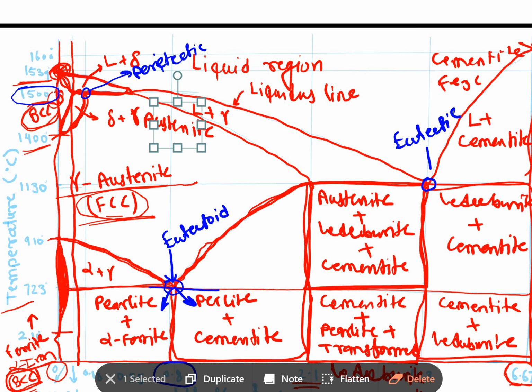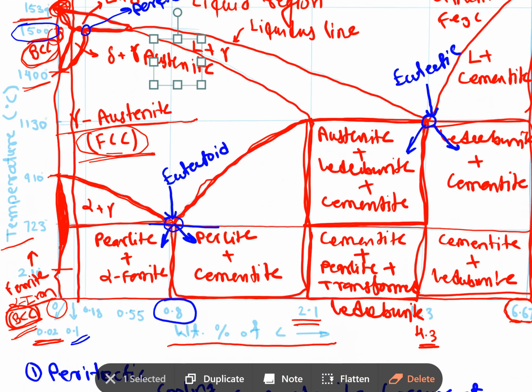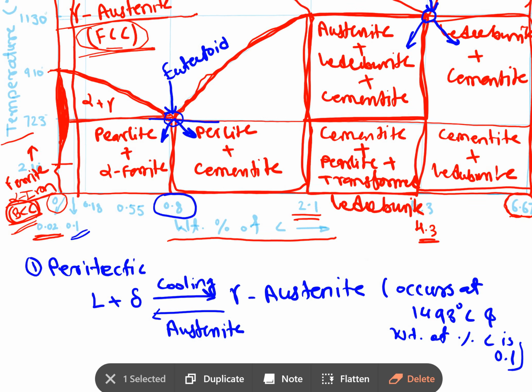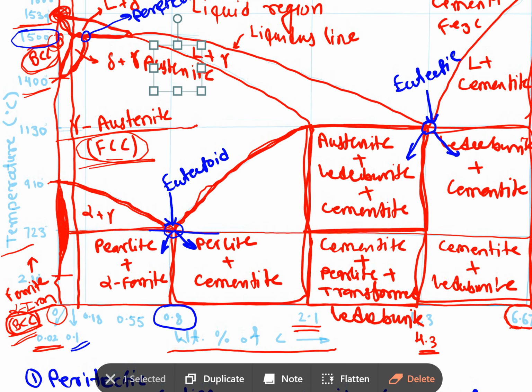Here one liquid transforms to two solids: austenite plus cementite and ledeburite plus cementite. Suppose you forgot those three transformations and their names.